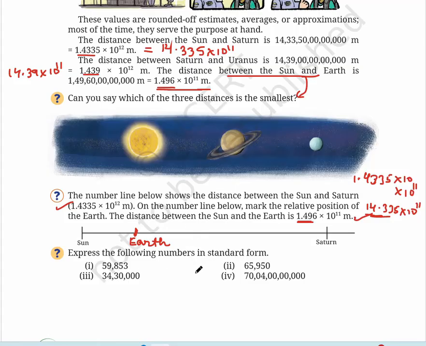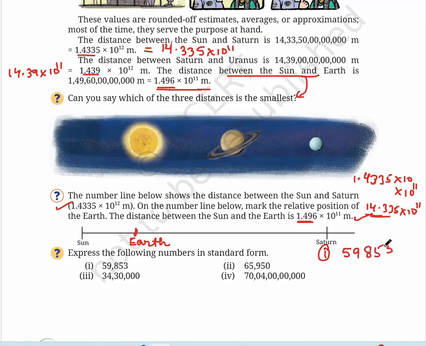Now moving to the next question: express the following numbers in standard form. When you have to express a number in standard form, the value should be a number between 1 and 10 multiplied by 10 raised to the power n, where the numerical value lies between 1 and 10 and 10 is not included. The first number is 59,853.